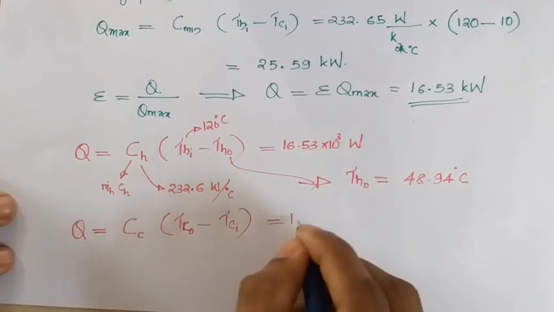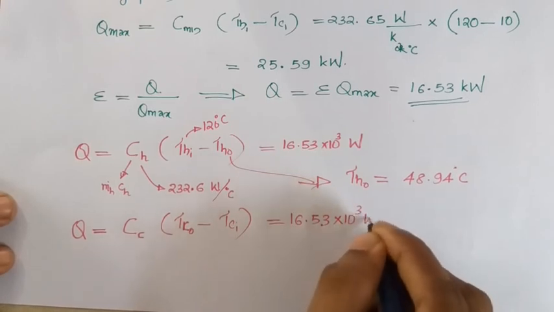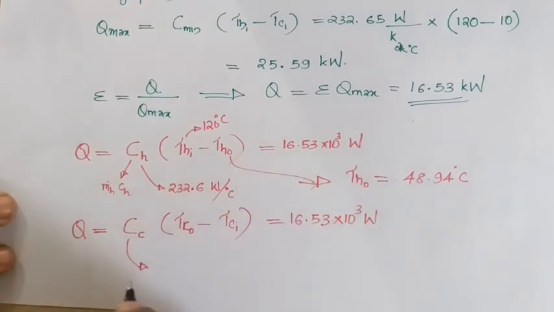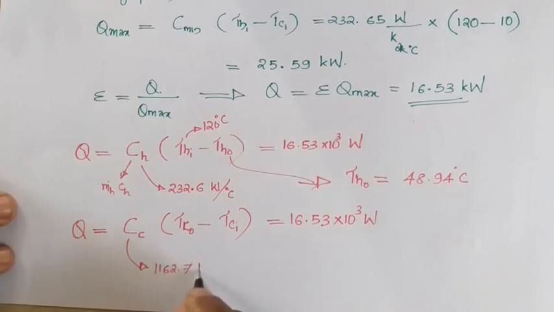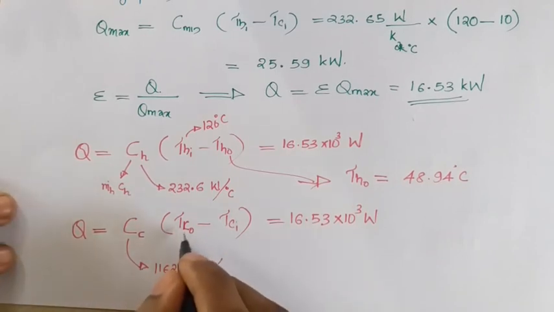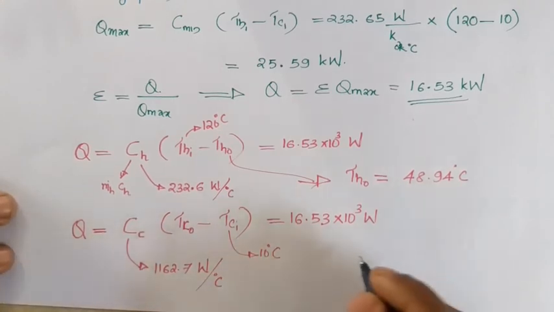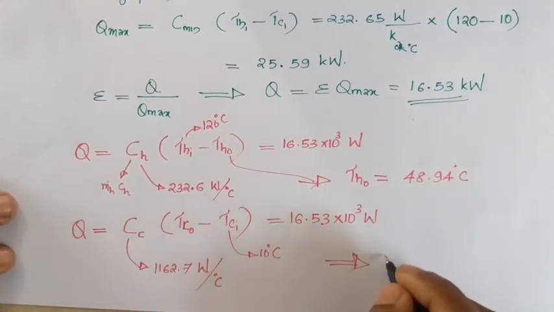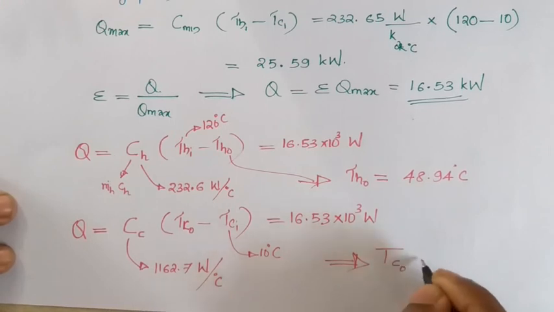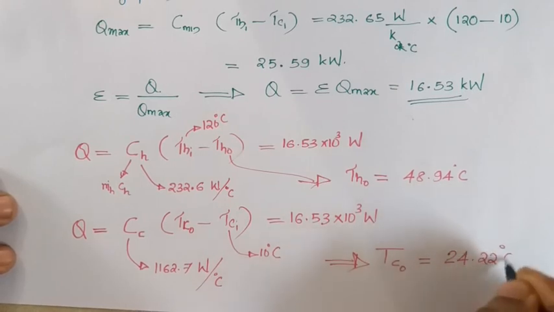This is again equal to 16.53 into 10 raised to 3 watts, where this CC we obtained initially, which is around 1162.7 watts per Kelvin or watts per degree Celsius, as it is change in temperature. TCI is given as 10 degrees Celsius. Then you can find the temperature at which the cold fluid, or water, is leaving, that is TCO. If you substitute, you will get 24.22 degrees Celsius.